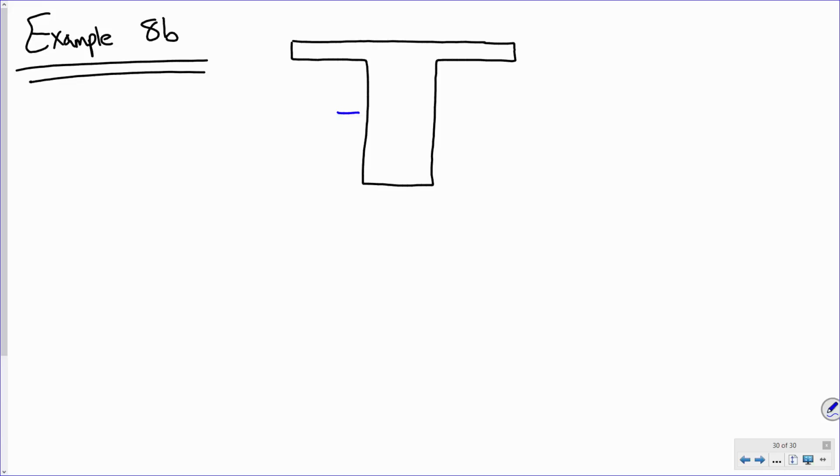We know that that dimension is the web width, and it is what? You all have it in front of you. There we go. This is the height of the flange, and it is what? 4 inches.